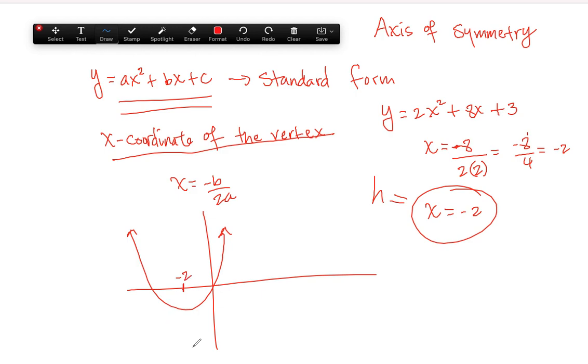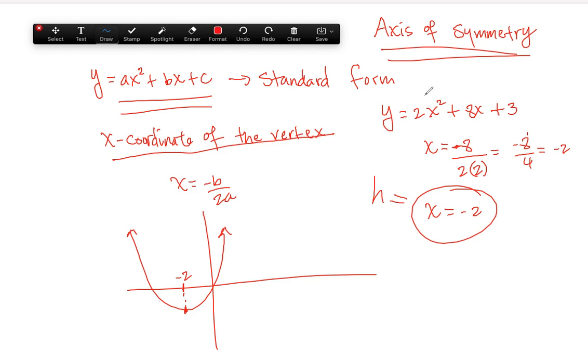Well, if it represents h, then would it just be down the middle? Yeah, it would be the x-coordinate of the vertex. So then that's automatically the axis of symmetry. Because in the vertex form, h is not only the x-coordinate of the vertex, but it's also the axis of symmetry.